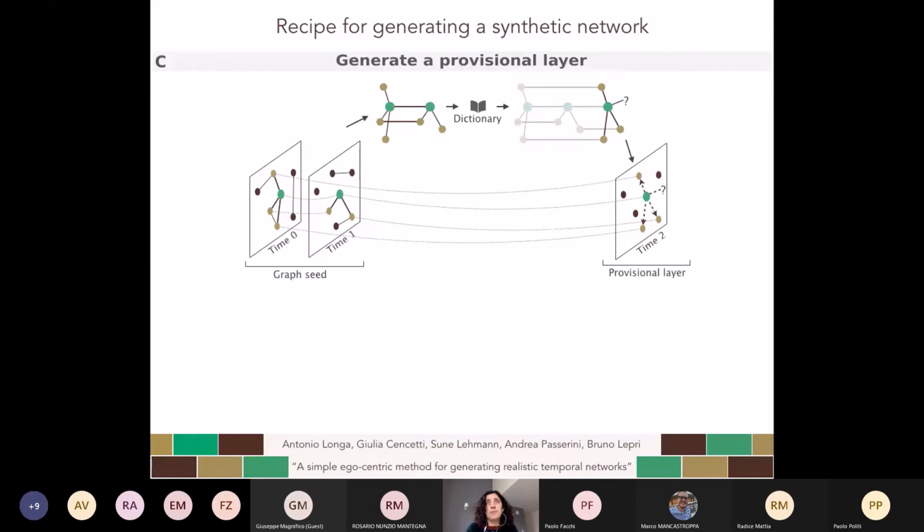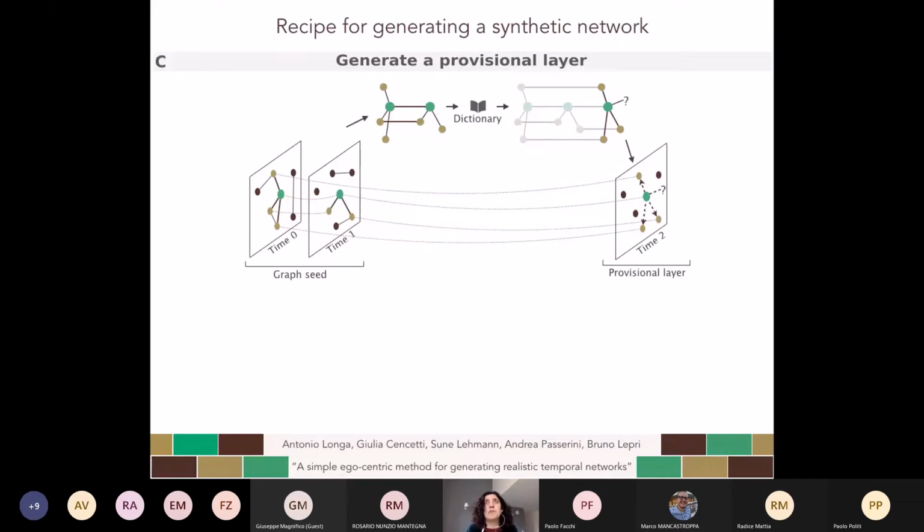Okay, so now that we have extracted this structure, we put it into the third layer of our temporal network, and we insert it in as directed links. So each connection is represented by a directed link, which goes from the ego node to the other nodes that the ego node would like to be connected to.